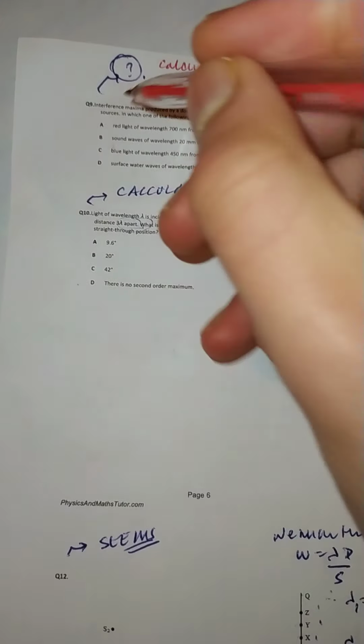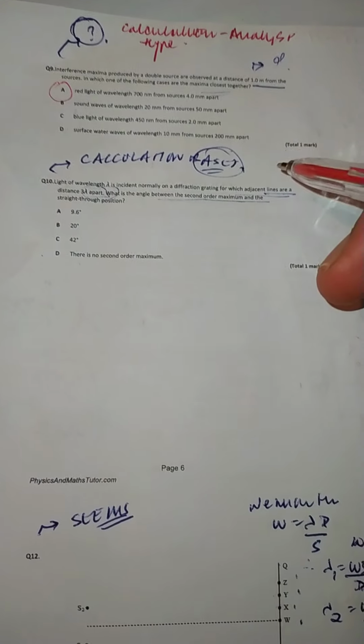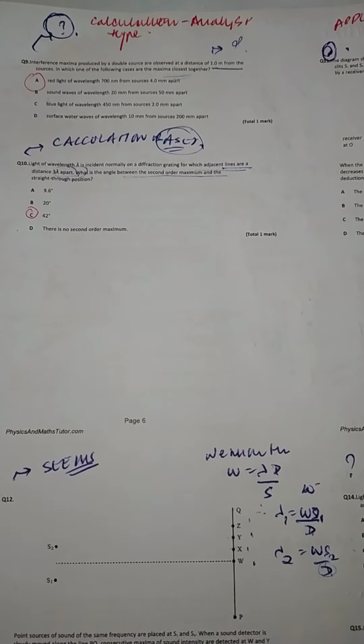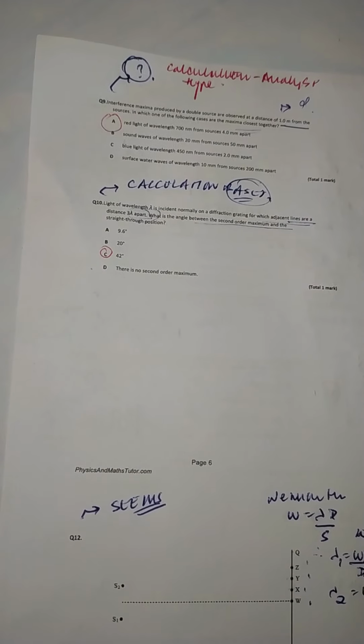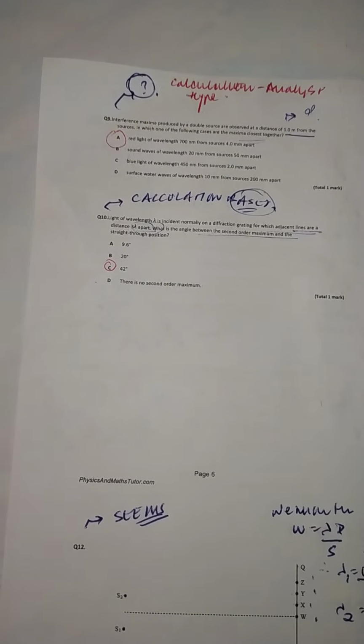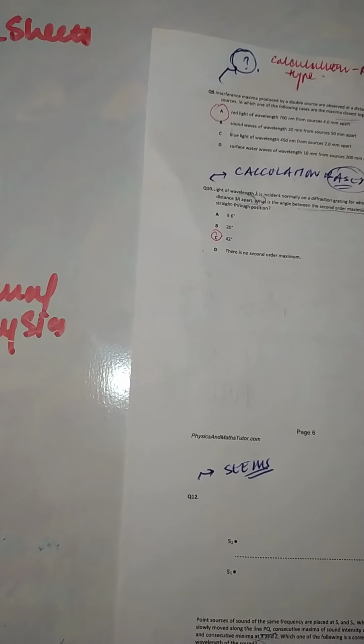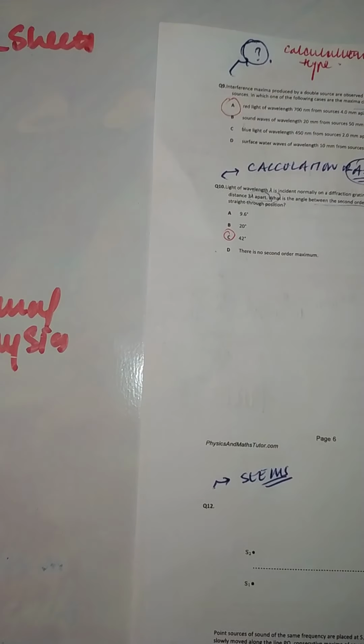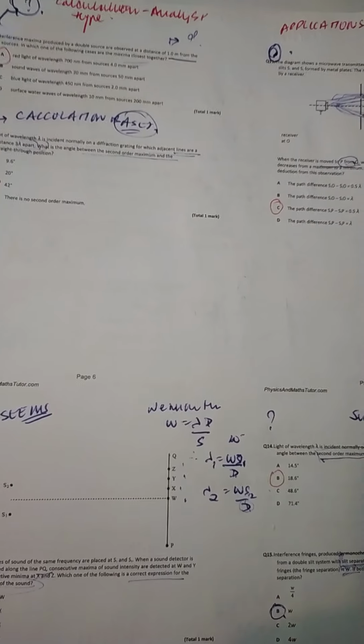Question 9 should have given you the answer of A. Question 10 should have given you the answer of C. Question 11 should have given you the answer of, again, C. Question 12 should have given you the answer of D. Question 13 should have given you the answer of D. Question 14 should have given you the answer of B. Question 15 should have given you the answer of B, which is correct.